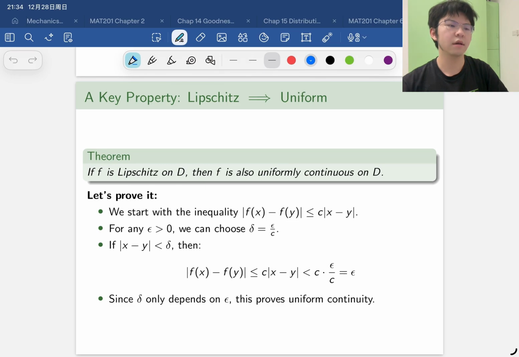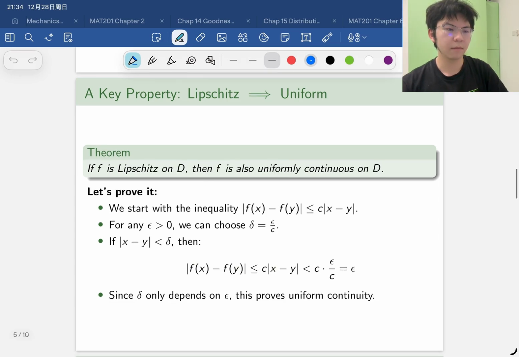For any epsilon, we can choose delta equal to epsilon over C. If the absolute value of x minus y is less than delta, then the absolute value of f(x) minus f(y) is less than or equal to C times the absolute value of x minus y, which is less than C times epsilon over C, equal to epsilon. Since delta only depends on epsilon, this proves the uniform continuity.